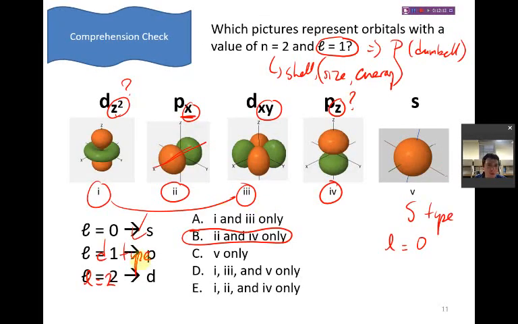I'll get rid of this writing on here just so you can see. This is just indicating what we've already talked about in terms of which quantum numbers the letters represent.